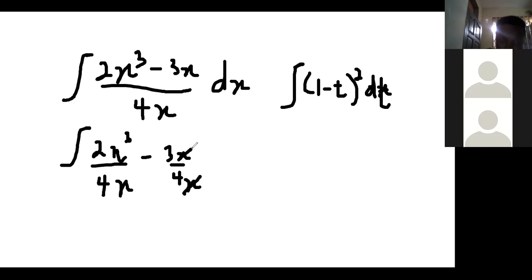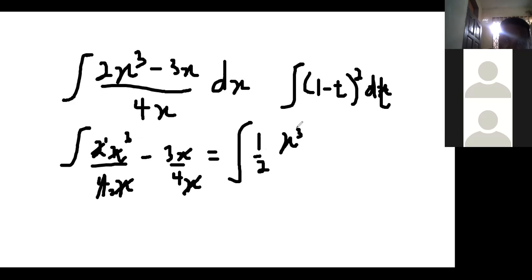You will be left with x squared, and 2 goes into 4 to give 2. So before we integrate we can rewrite this as one half x squared minus 3 over 4, dx.